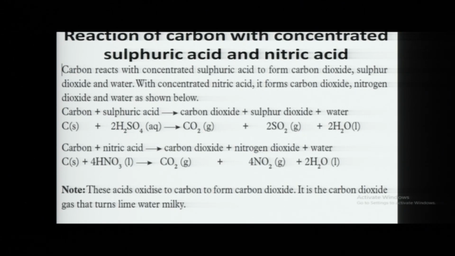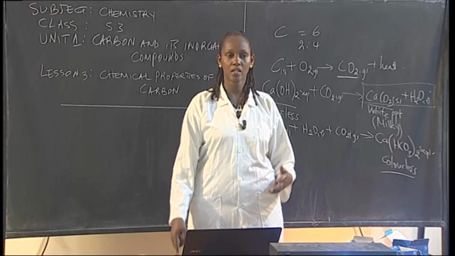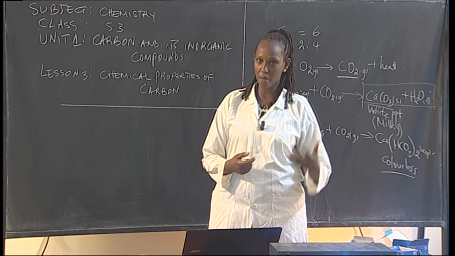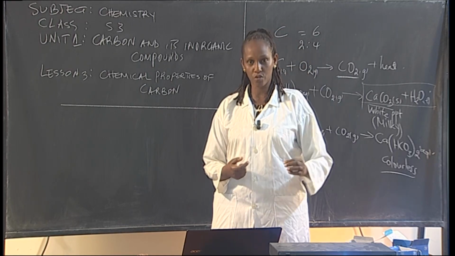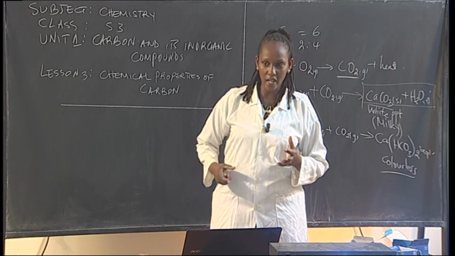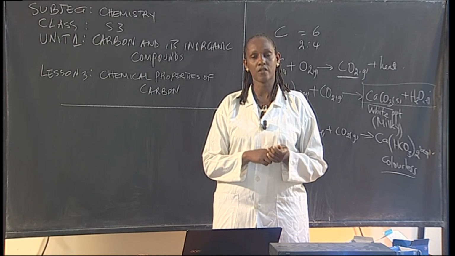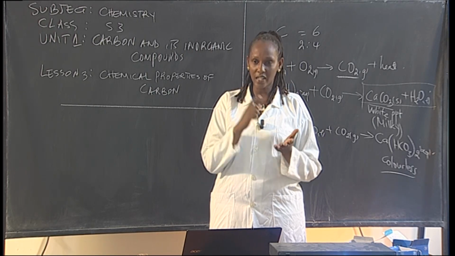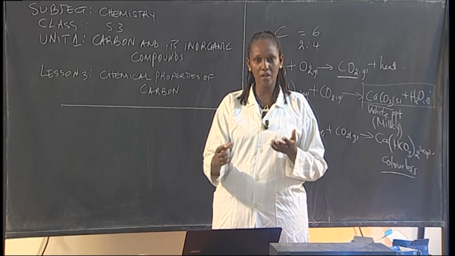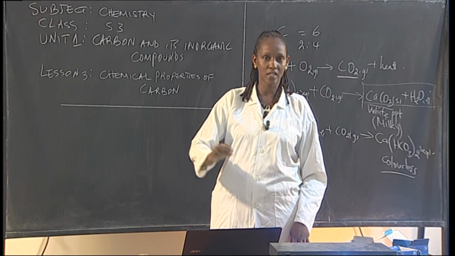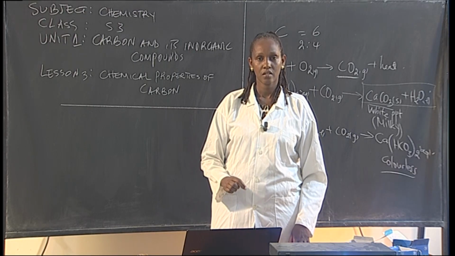It is carbon dioxide gas that turns lime water milky. That one I always tell you. How do you confirm that carbon dioxide is produced? It is confirmed when you react carbon dioxide with calcium hydroxide. Whenever calcium hydroxide reacts with carbon dioxide, we form calcium carbonate, which is a white precipitate.